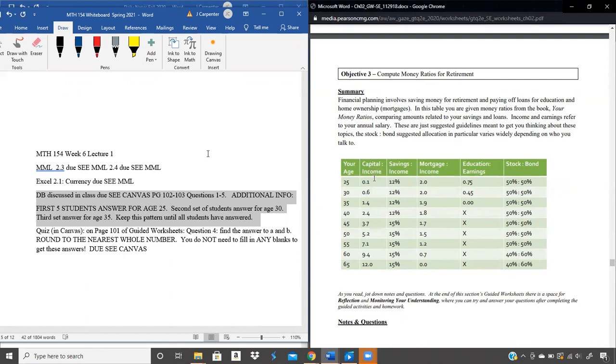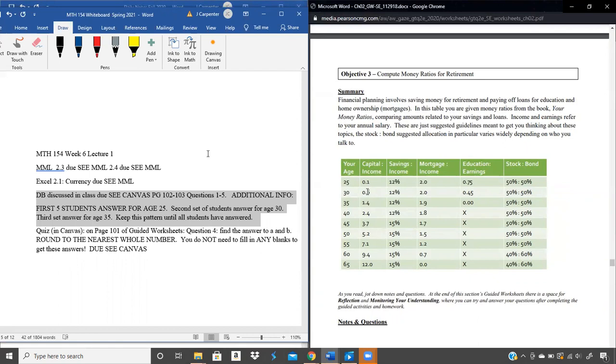That means when you're 25 years old, if you made $100,000 a year at 25, first of all, kudos. Second of all, it means that your capital, the amount of money you have set aside, should be 10% of that, which is $10,000. 10% of 100,000 would be $10,000. If you made $20,000 that year, that means you should have $2,000 set aside in the bank somewhere.